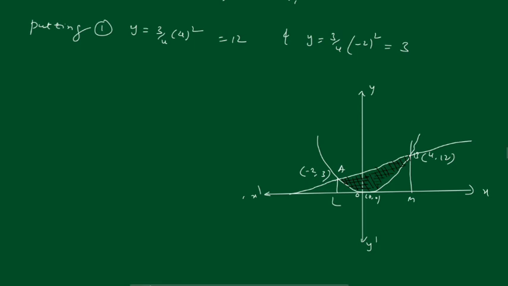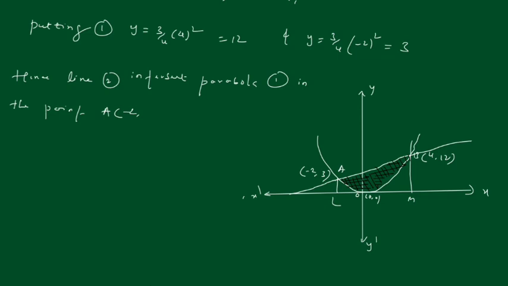So let's see. Hence, the line intersects the parabola 1 at the points A minus 2 comma 3 and B 4 comma 12, right? So for the required area, we have the formula.